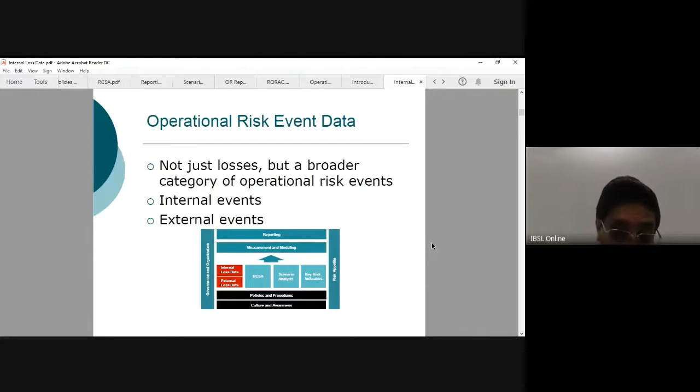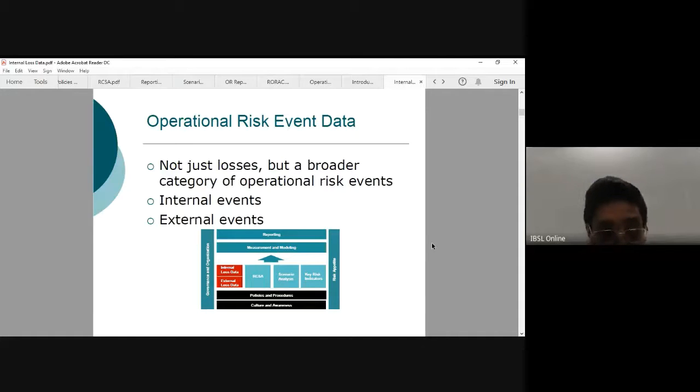Now you can see the structure of it. In black lines you have the culture and awareness and policies and procedures. Now these things will give you the base. On that base you do all these internal loss data capturing and external loss data capturing and having a database.